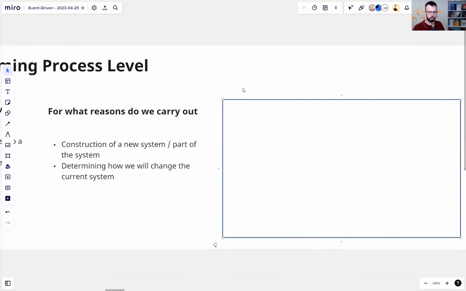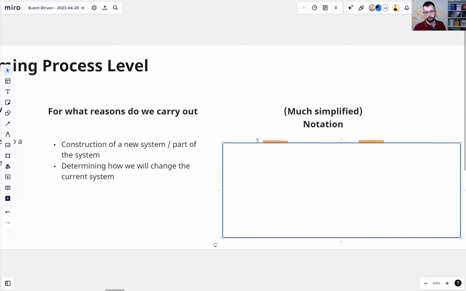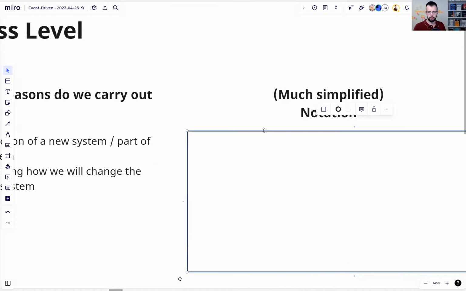And for those who don't know the notation, I will introduce it very briefly, the notation of event storming, and not using all the notation because it's not needed for the case of this workshop. So the notation, much simplified, looks like that.